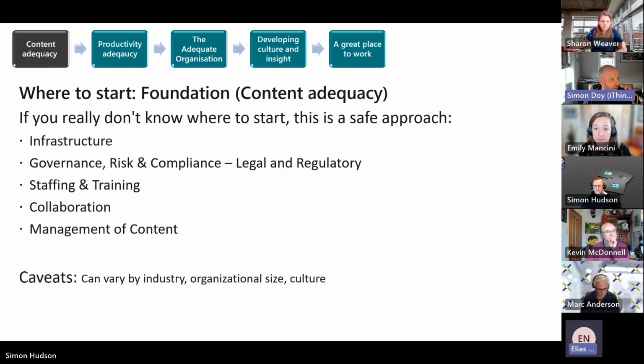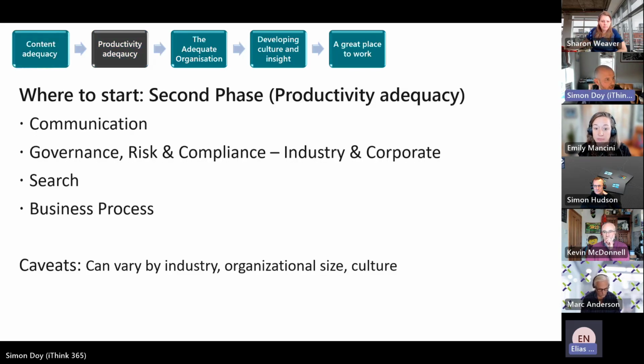Right. The next phase then, following on from what Simon was talking about, the second phase is productivity. So, how do we establish good communication? And that's two-way communication. Senior management being able to talk about the priorities of the organization, the department heads and team leads being able to talk about the priorities, so that people are aligned to those key priorities.